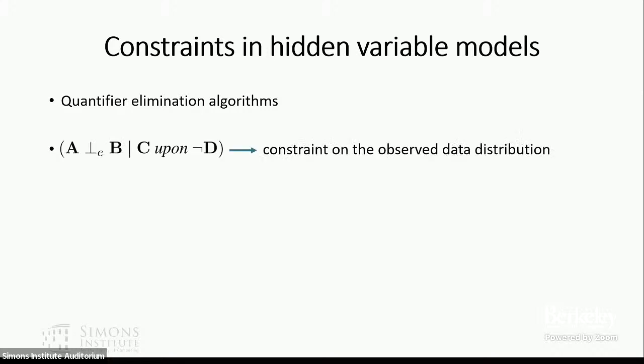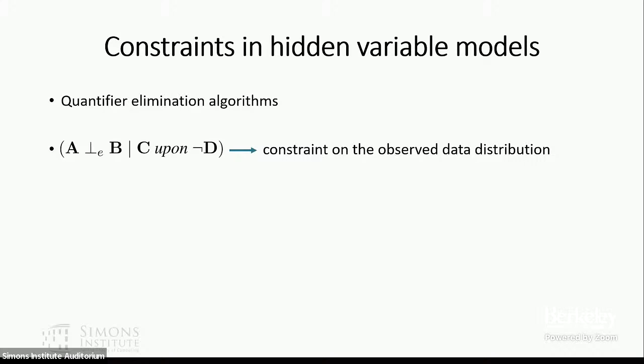It was also shown by Evans that every time we have an e-separation relation like this, there will be a constraint on the observed data distribution. So whenever we have d-separation, we have an equality constraint. Whenever we have e-separation, we also have some constraint, but this result was not really constructive, in that it didn't show how to get the specific constraint.